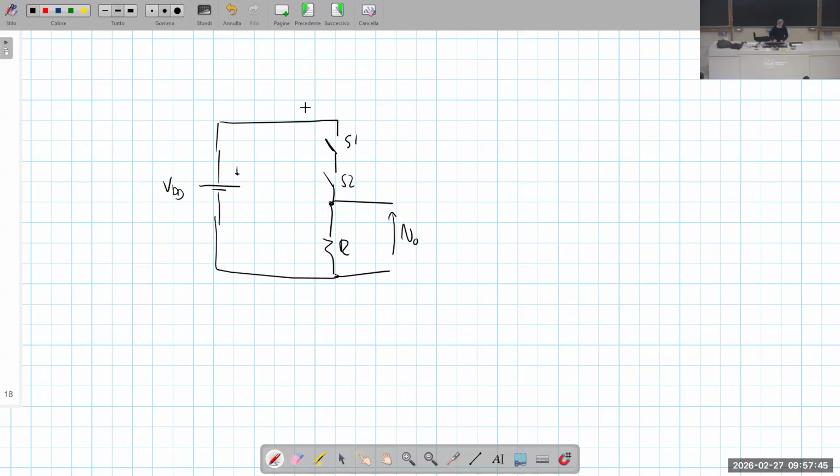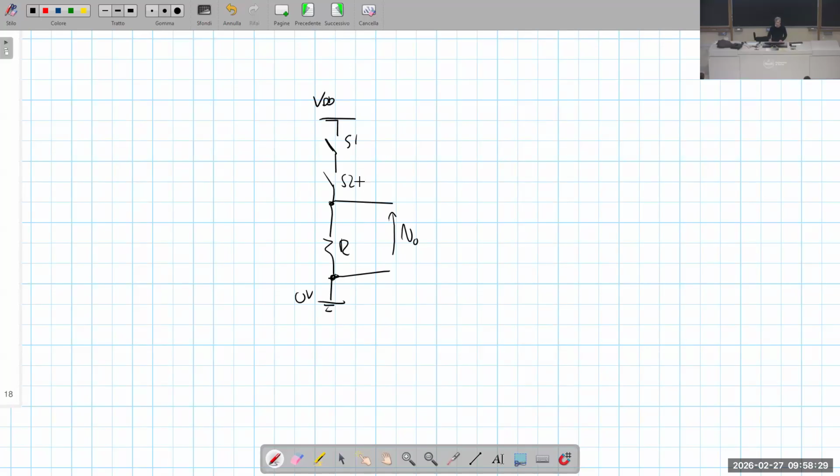Actually, the notation I wanted to introduce is, instead of explicitly including the battery, very often what is done is to simply indicate, in this way, just a horizontal line with the label VDD and this symbol which indicates 0, that is the negative of the battery. This is just a shorthand notation. By the way, these symbols imply the presence of a battery from VDD to 0.